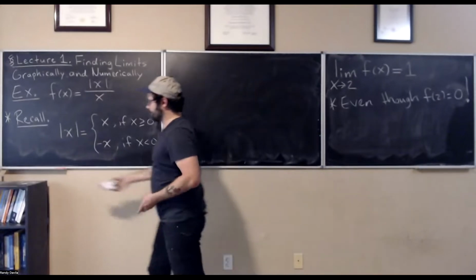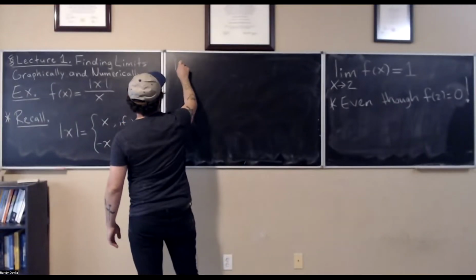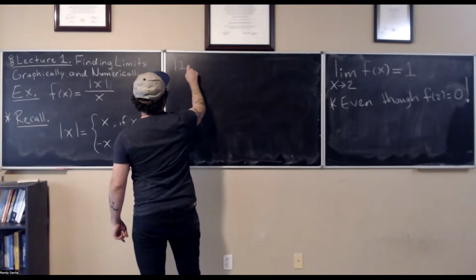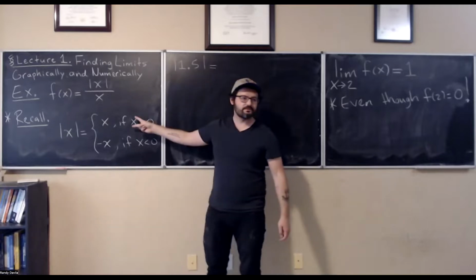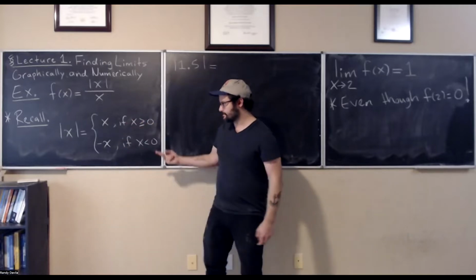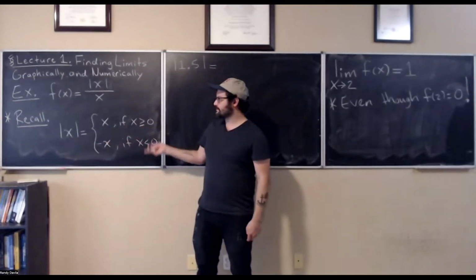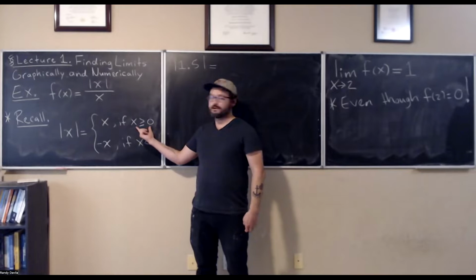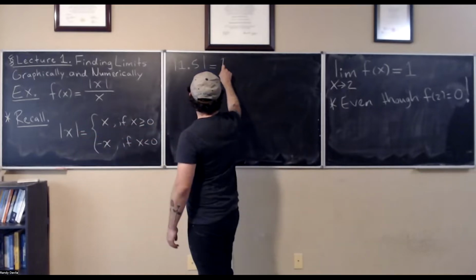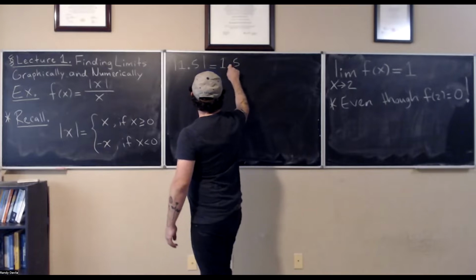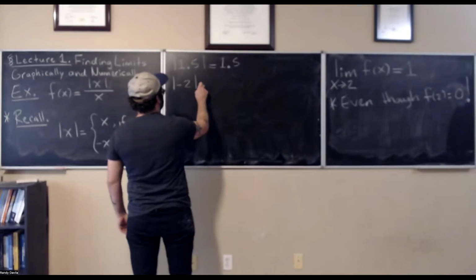So how does this work, right? Let's just consider an example. Absolute value of 1.5 is equal to, so this is a piecewise function. Is 1.5, the point that's on the inside, greater than or equal to 0 or less than 0? It's greater than or equal to 0, so we return whatever's inside. What about the absolute value of -2?